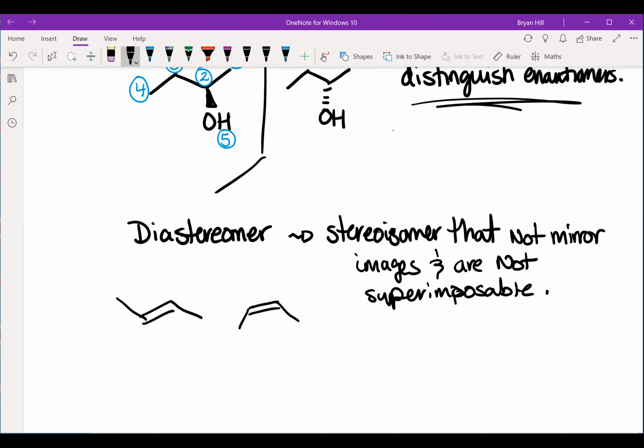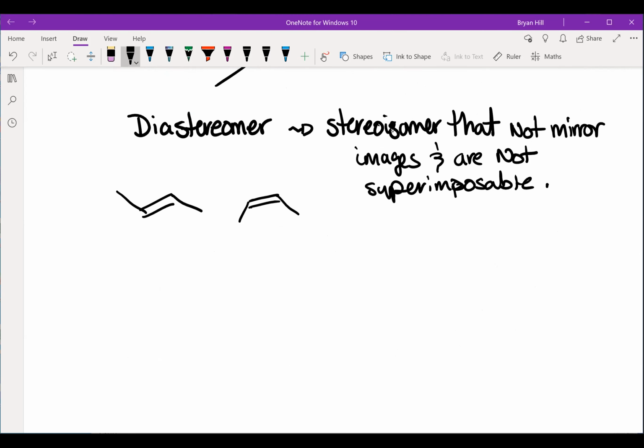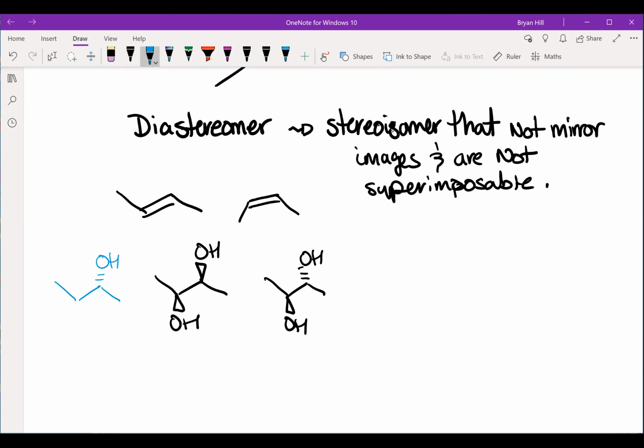Now, when you're talking about sp3 hybridized carbons, the most common source of diastereomers is if you've got two chiral centers, so say OH, OH. The enantiomer of this would of course be this, so the two chiral centers are reversed.